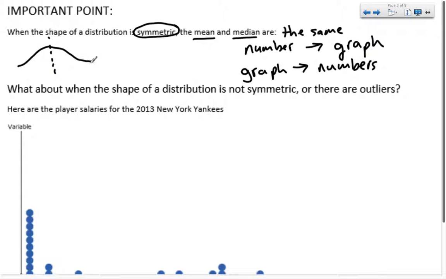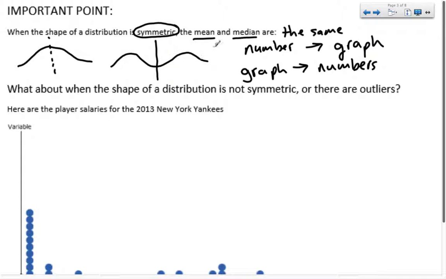Sometimes this kind of bell curve is an excellent example of symmetry. You might also see something that looks like this, where the median lies right here, and that would also be the mean as well. And so we're going to be able to look at a graph that's perfectly symmetric like this and say, hey, even without computing anything, because it's perfectly symmetric, we know that the mean and the median are going to be the exact same.